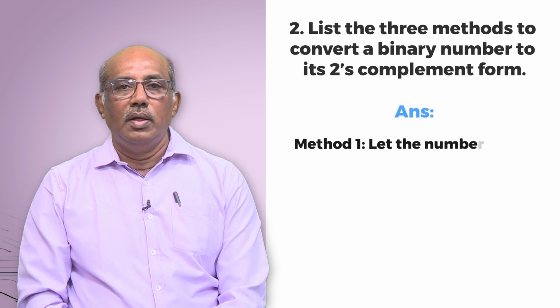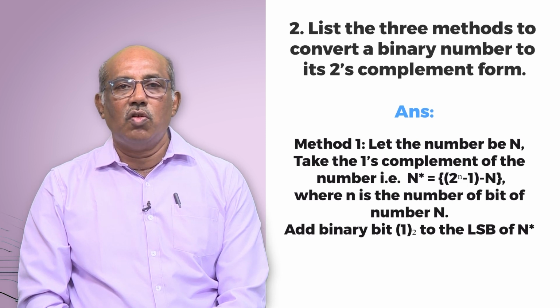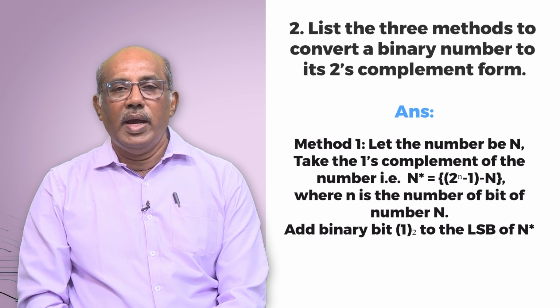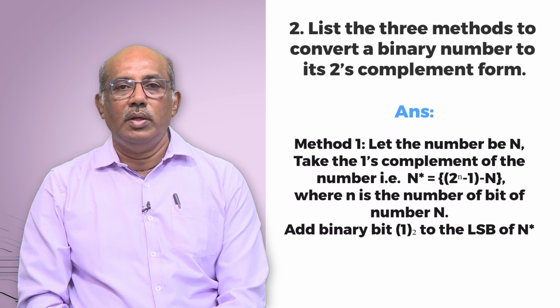So, we will start with, let the number be N. Take the 1's complement of the number, that is N star is equal to 2 raised to n minus 1 minus N, where small n is the number of bits of the number, which is denoted by capital N. So, once you have taken the 1's complement of the given number, then add the binary bit 1 to the least significant bit of the 1's complement which you have obtained. This is one way of getting the 2's complement of a number.